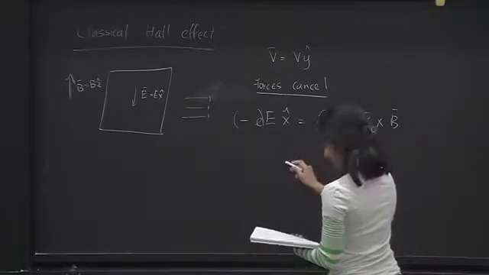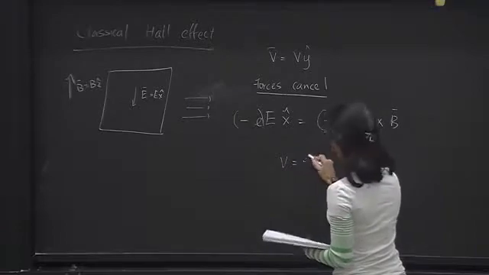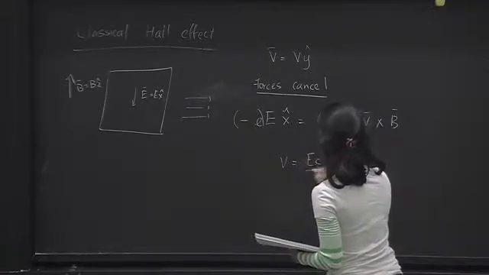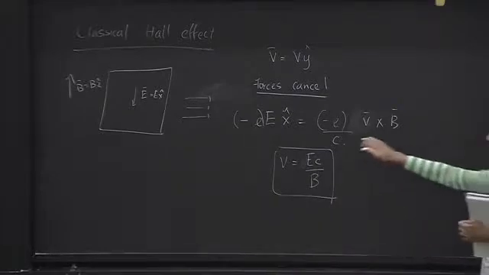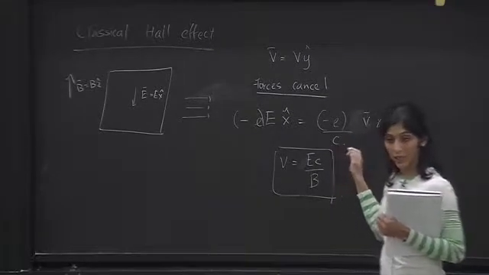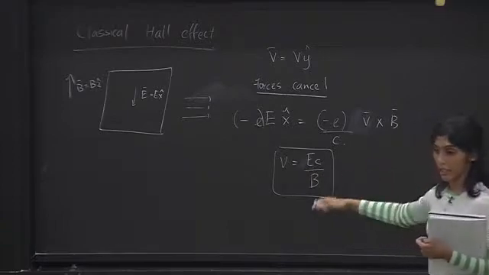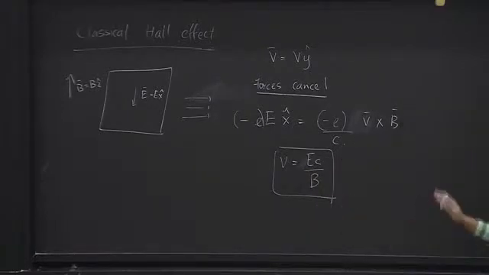So when I do this, I find the drift velocity to be E over B. By the way, if it's not been apparent, I'm using CGS units, which is why you see the speed of light c around. But I'll consistently use this, and it should be okay.